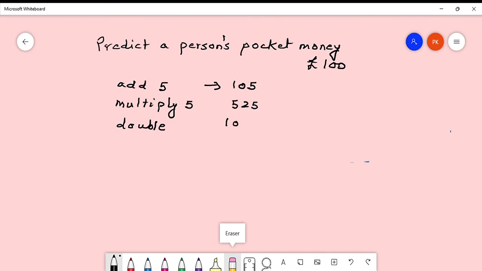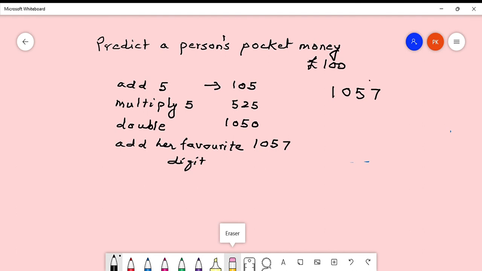So 1050. Then add her favorite digit to this. Suppose her favorite digit is 7. So her favorite digit she will add, 1057, and she will tell you this number.